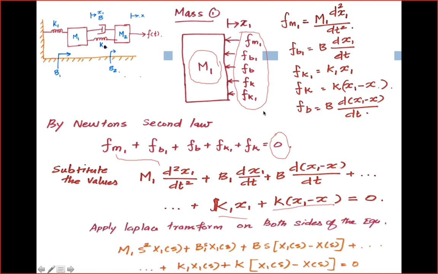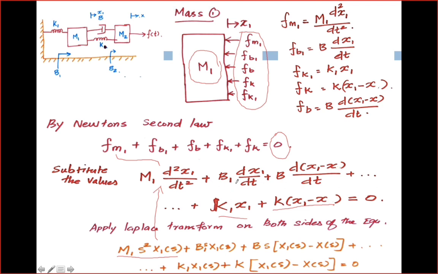Now we are going to take the Laplace transform of this particular equation. These Laplace transforms we have already given in the first slide itself. The Laplace transform of m1 d square x1 by dt square is m1 s square X1 of s. Similarly, we substitute the Laplace transform of the other terms.